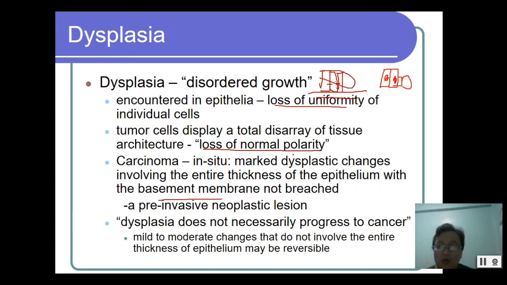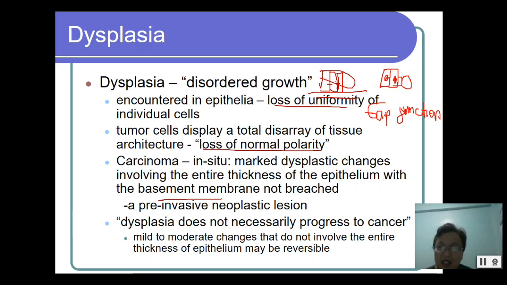There is loss of polarity. Di ba, you were taught in histology that there are what you call gap junctions. These are the ones that keep the cells together.